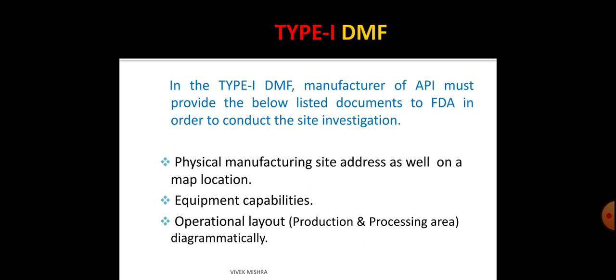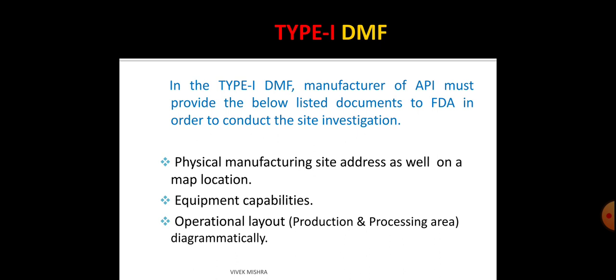First of all is the physical manufacturing site address as well as the map location, like where your API gets manufactured. We have to send them the physical address along with the map location.